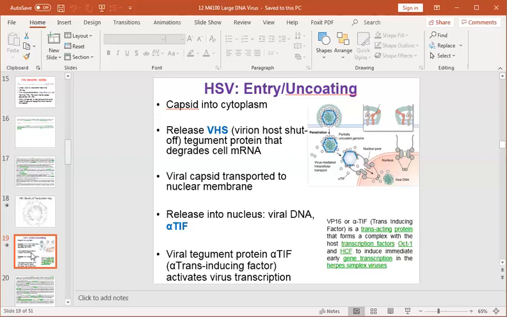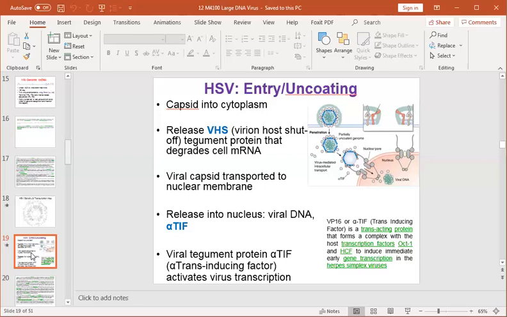Alpha TIF stands for alpha trans-inducing factor, or we call it VP16, a trans-acting protein. What does it do? It comes from the virus. It forms a complex with host transcription factors.